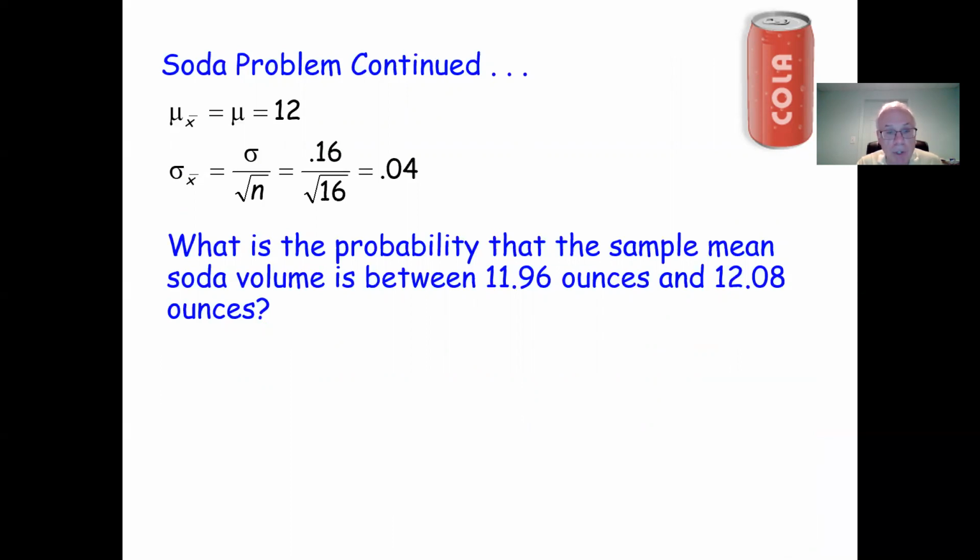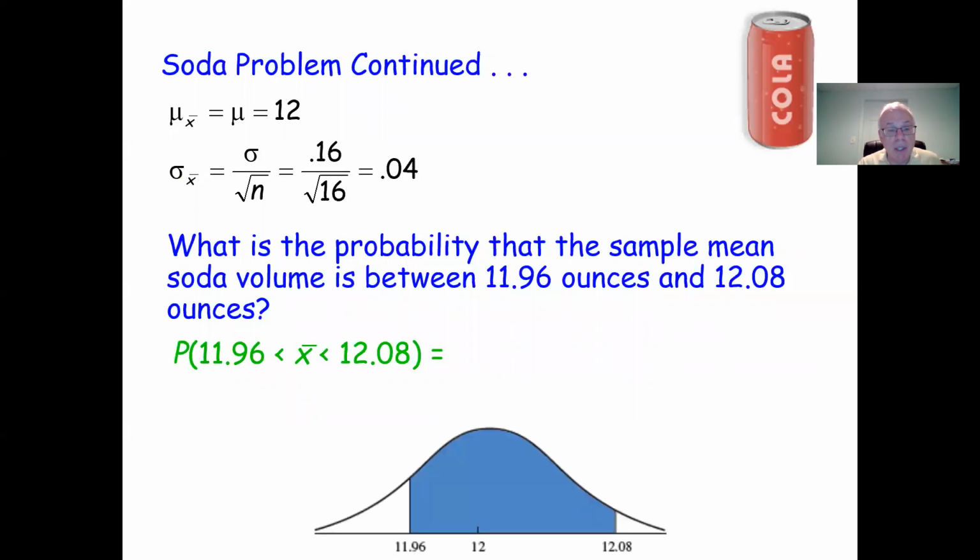And to answer this question, the question is, what's the probability that the sample mean, that is, of the 16 cans of soda, we were measuring the content of each one of those cans. What is the probability that the sample mean of those 16 cans is between 11.96 ounces and 12.08 ounces?